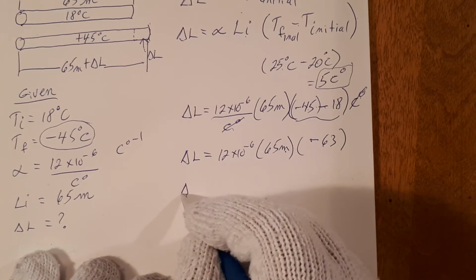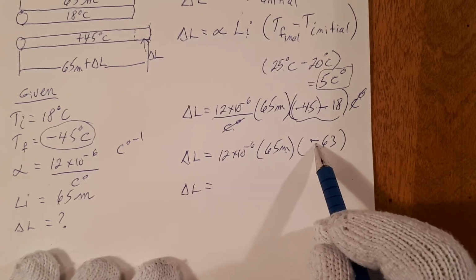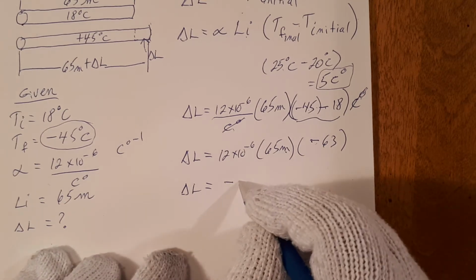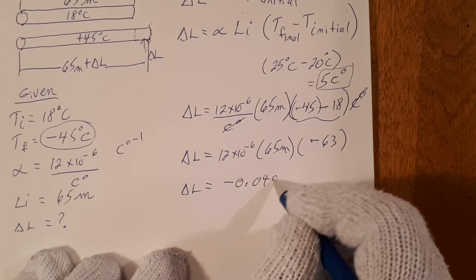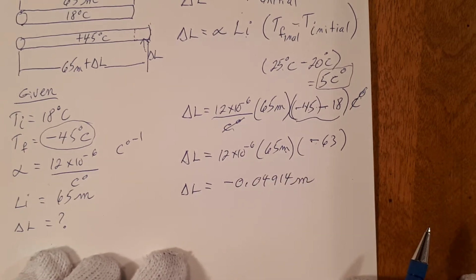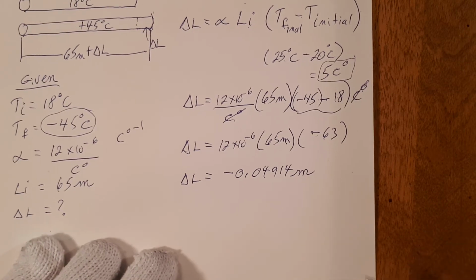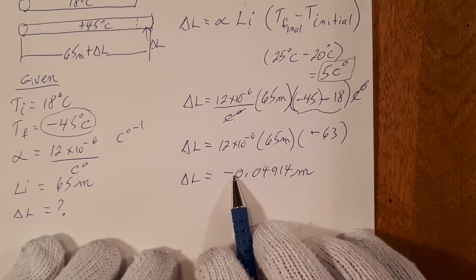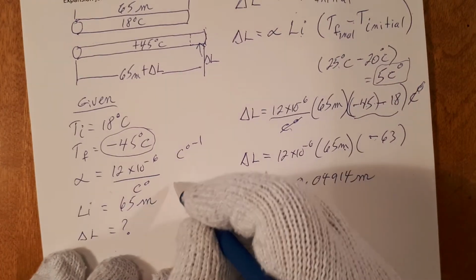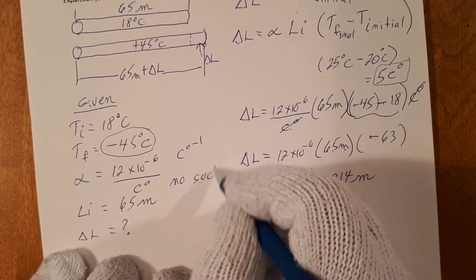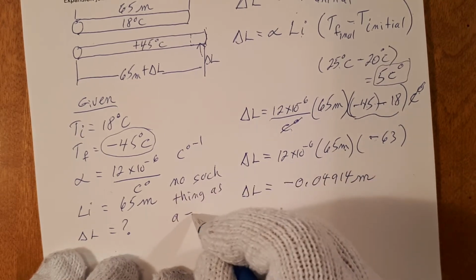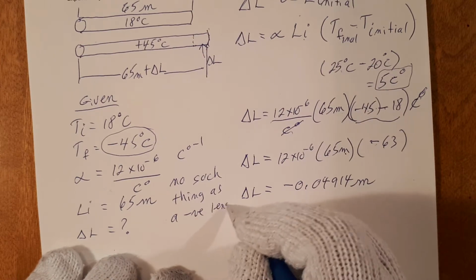Change in length then is equal to, and this negative sign is going to result in a negative number, minus 0.04914 meters. Note, this minus sign doesn't represent a negative length. There is no such thing as a negative length.